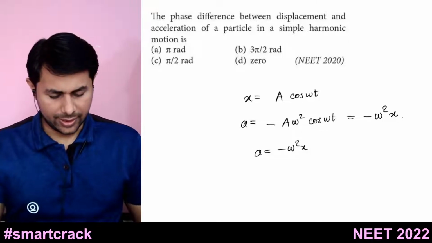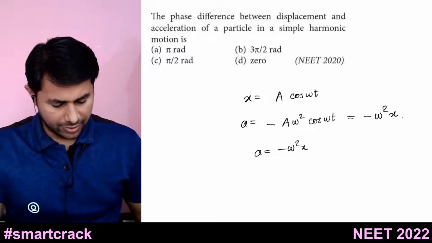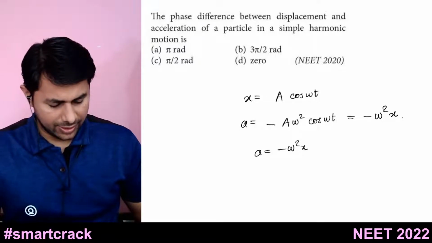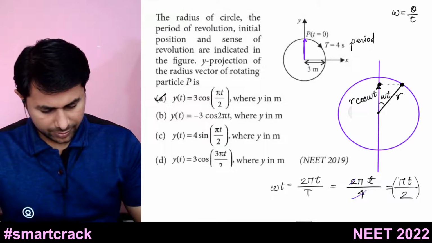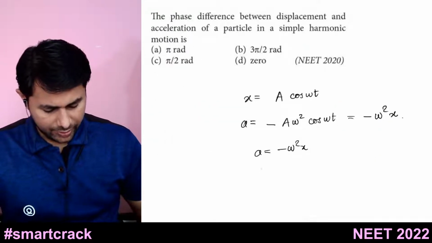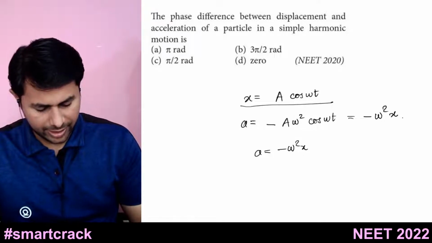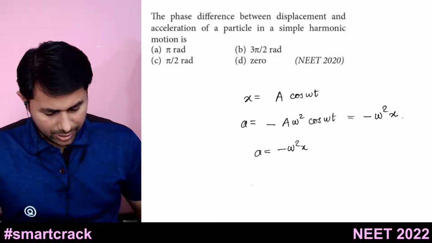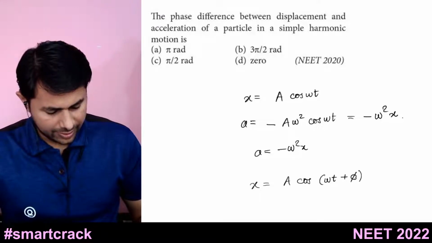Okay, see, so since there is a negative sign, how much would be the phase difference? It will be pi, because let's say you have another equation. This is x is equal to a cos of omega t, and you have x equals a into cos of omega t plus phi.